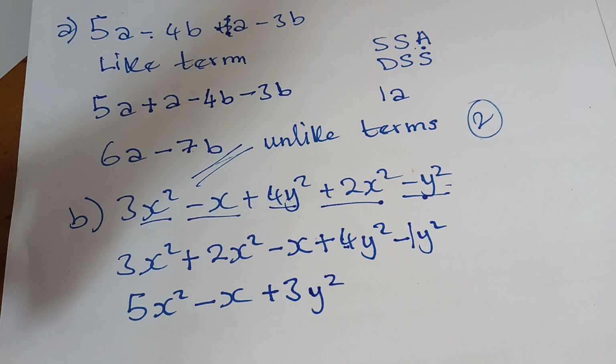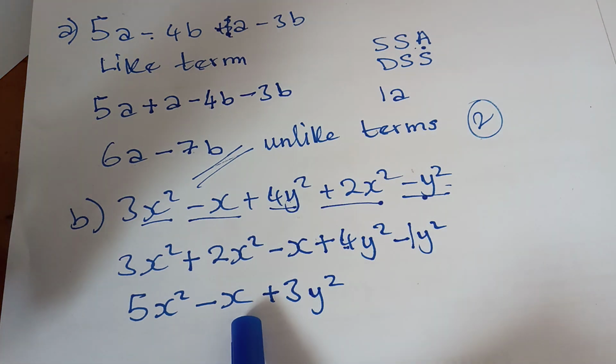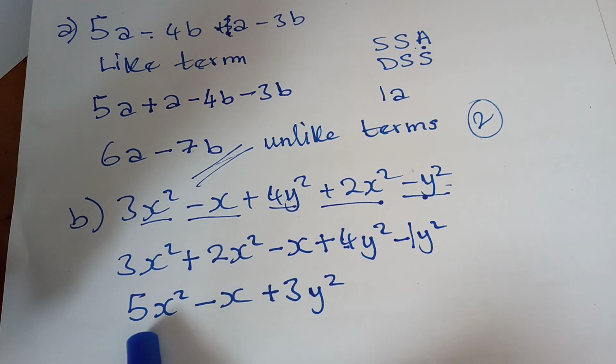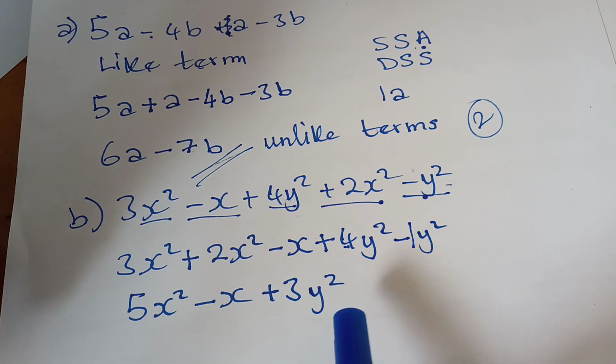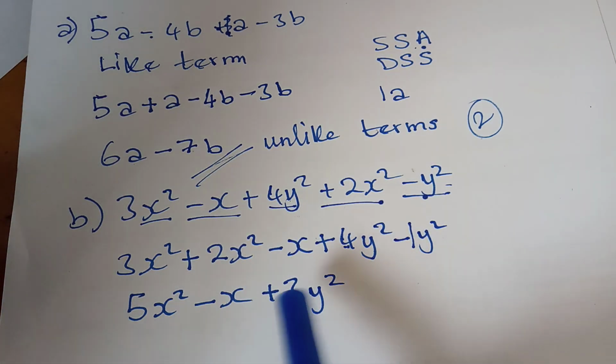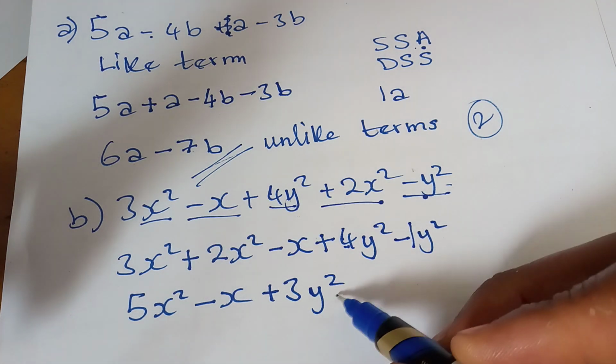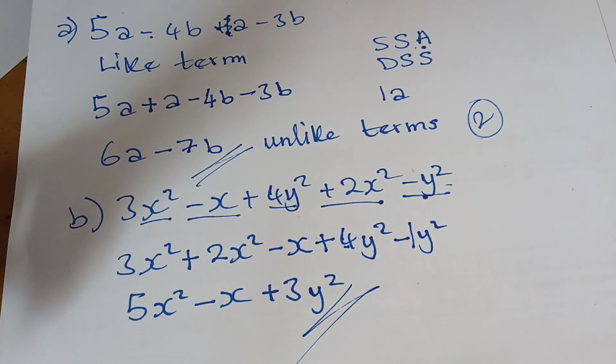And then next, you want to check if you have anything else to add or subtract. Do we still have any like terms? I'm sure you can see that we don't, because this is an x squared, this is just an x, it has no square, so we can't subtract, we can't add. And then next we have 3y squared, which equally has no friends to add or subtract. So we can end this one here and conclude.